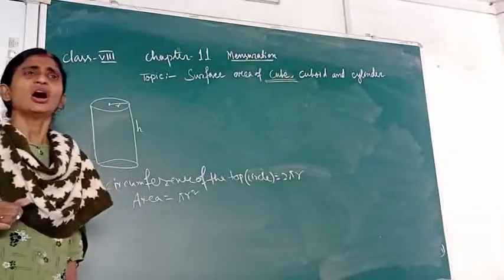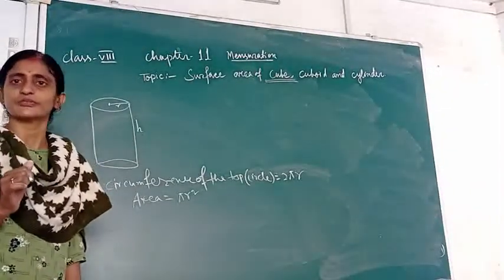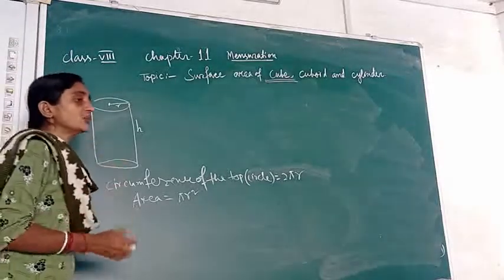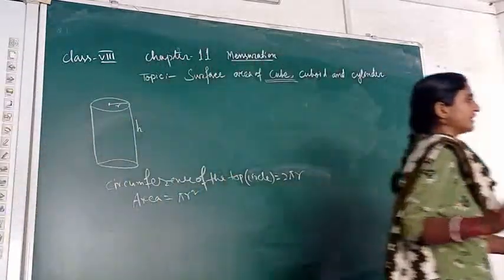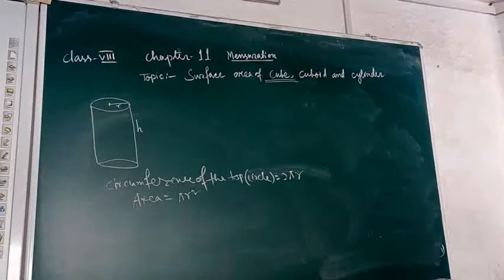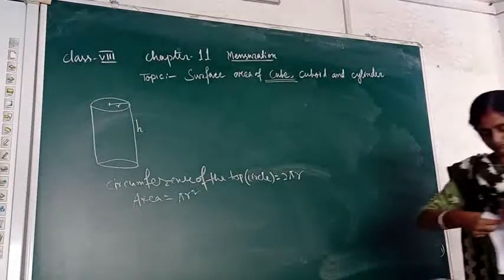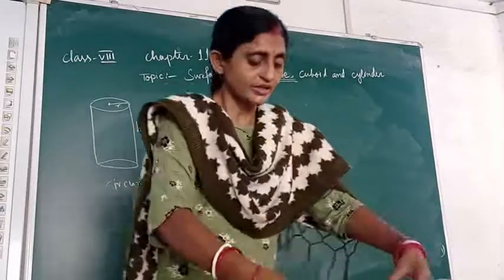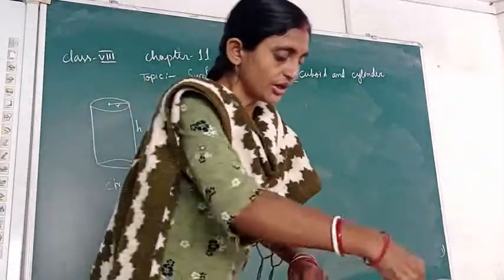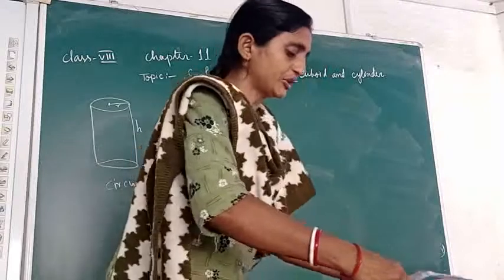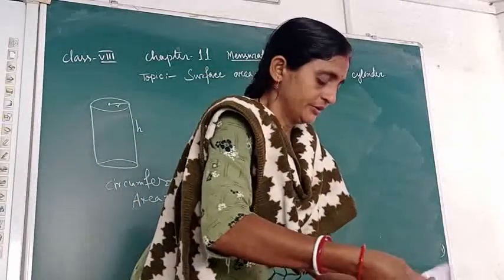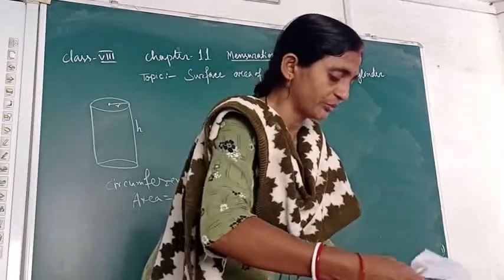Okay, now how to find out the area for this curved surface? For that, one idea we have. Let's consider one example. Let's think about a circle. Here I am making with this paper. One cylinder I am going to make here.